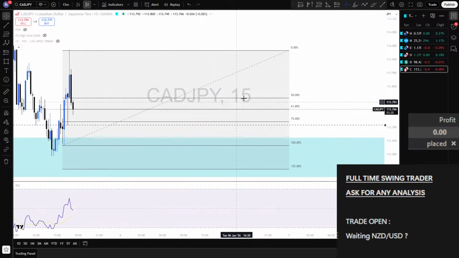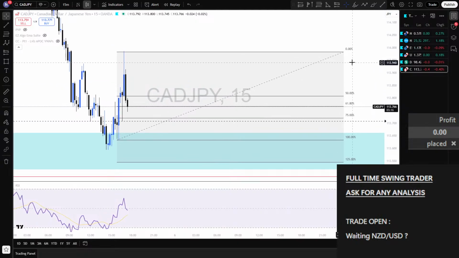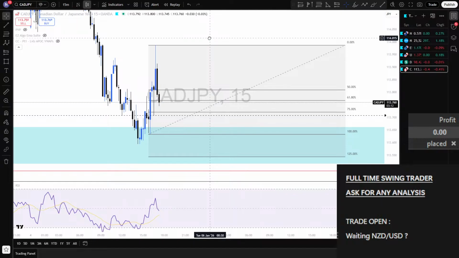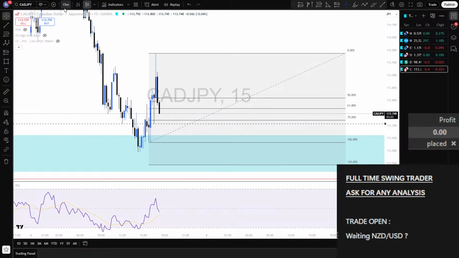So like I said, CAD JPY is currently giving us the pullback, and we'll see what it's gonna do. I would like it to take at least some liquidity, at least one.